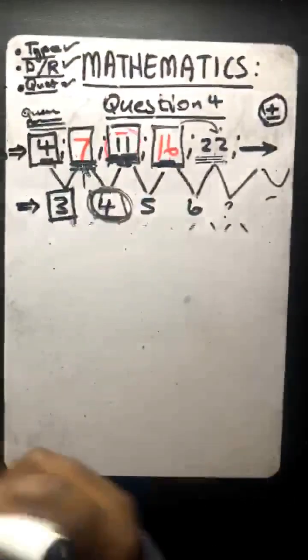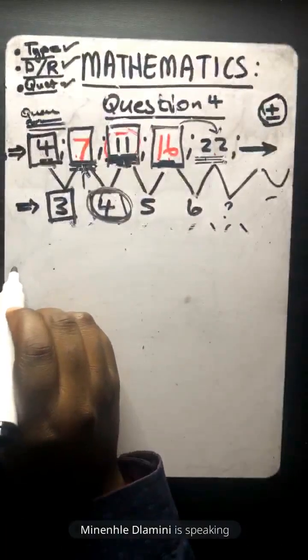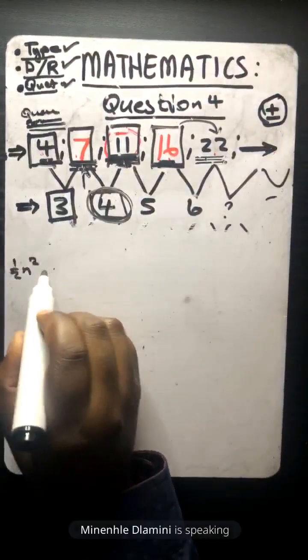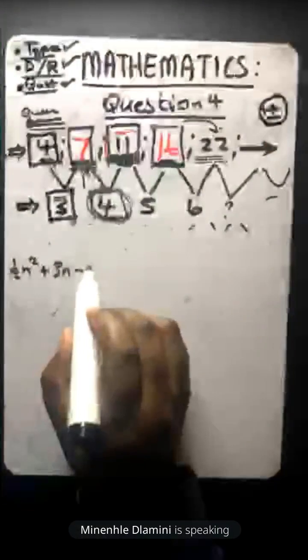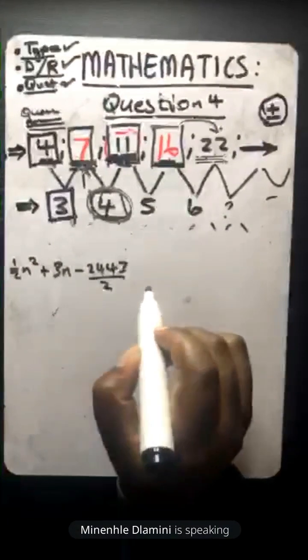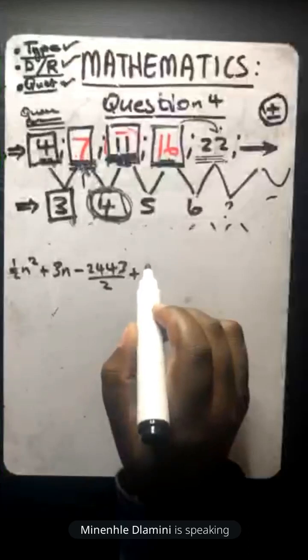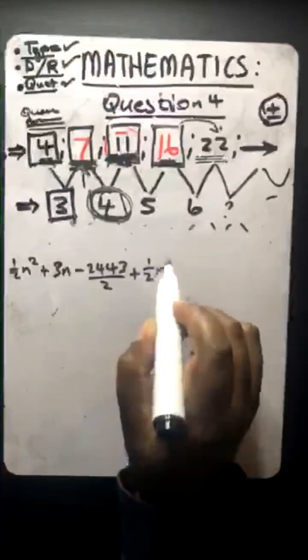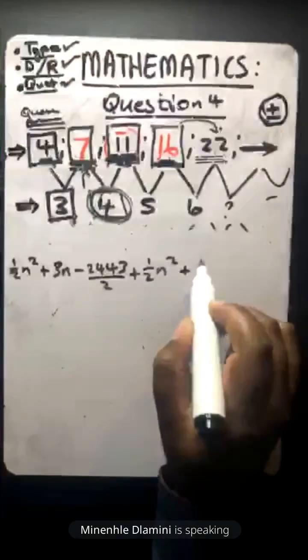Okay, so we have 1 over 2n squared plus 3n minus 2443 over 2, plus 1 over 2n squared plus 1 over 2 equals 0.